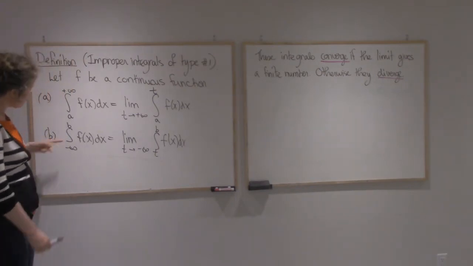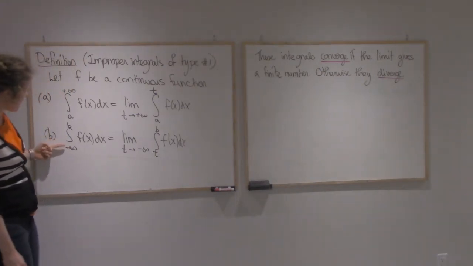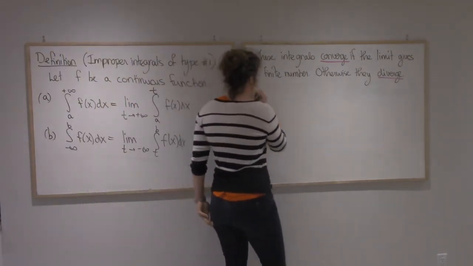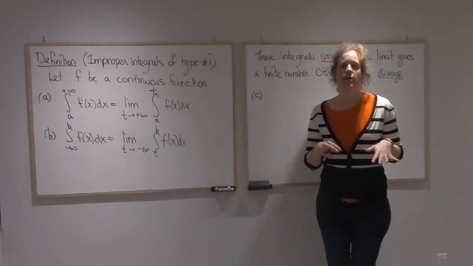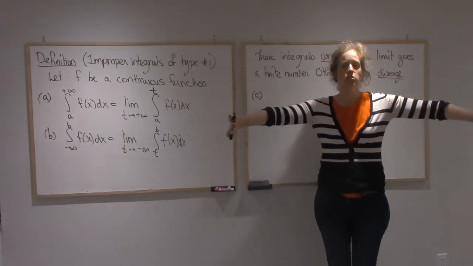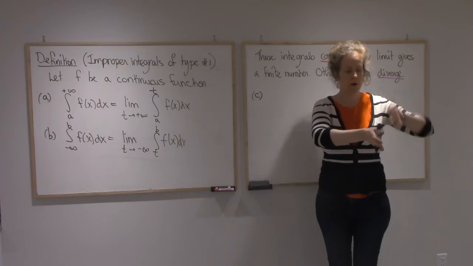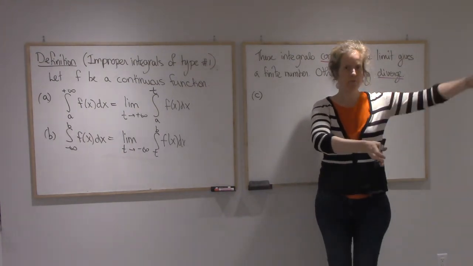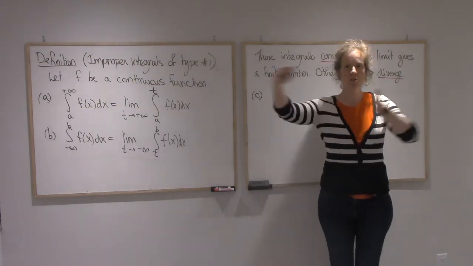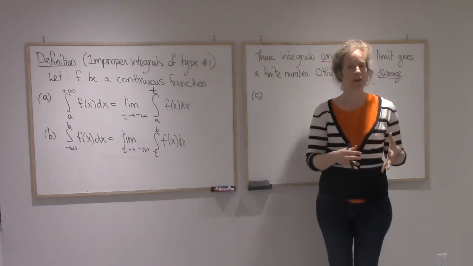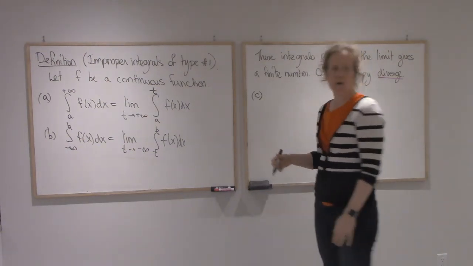All right, so we have a third case. We have the case where both bounds are infinite. Now, if both bounds are infinite, what you do is you split it into two integrals, one from minus infinity to a finite number, another one from that finite number to plus infinity. If both parts give you finite numbers, then you could add them and get your integral.